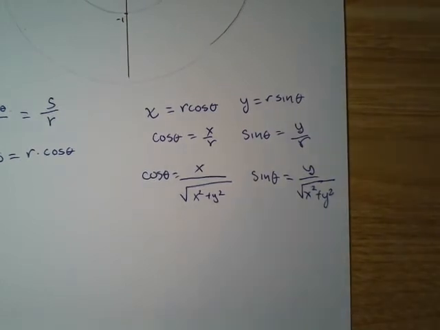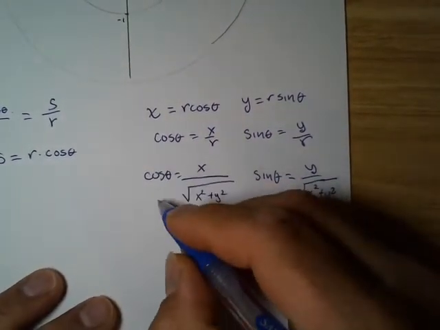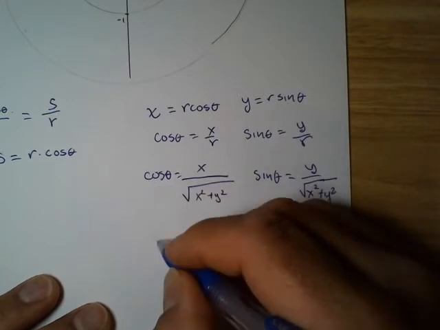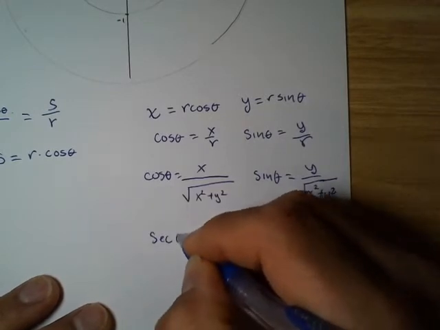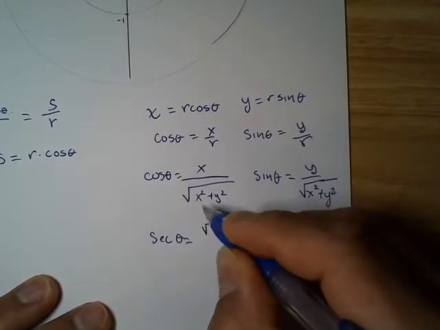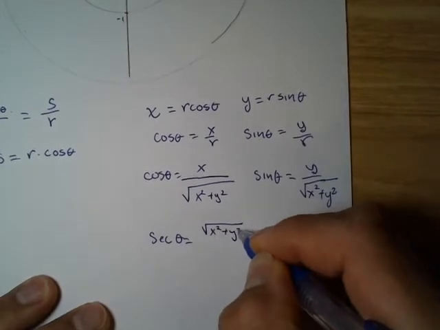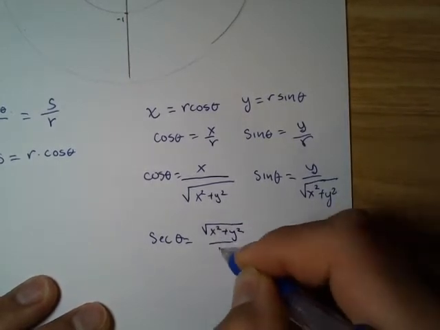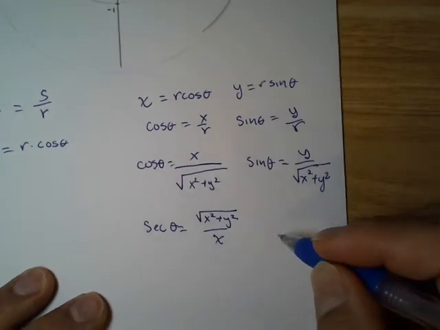Okay. And we can extend this to using the reciprocal. So if we're dealing with the secant of theta, just take the reciprocal. And same for the cosecant.